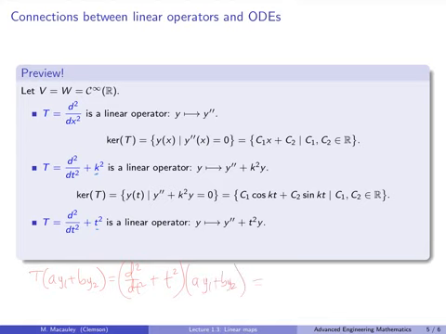And if you multiply this out, it doesn't really matter if this is a k squared or a t squared. What you're still going to get is that this is equal to a times t y1 plus b times t y2. So yes, this creature is a linear operator that inputs a function y and outputs its second derivative plus t squared times the function itself.